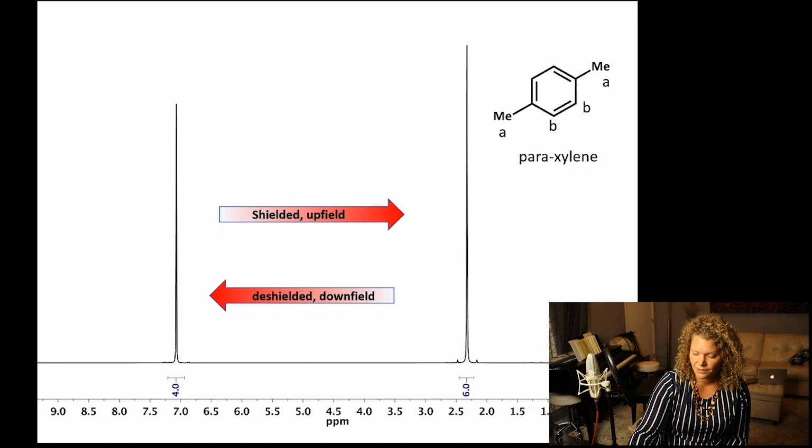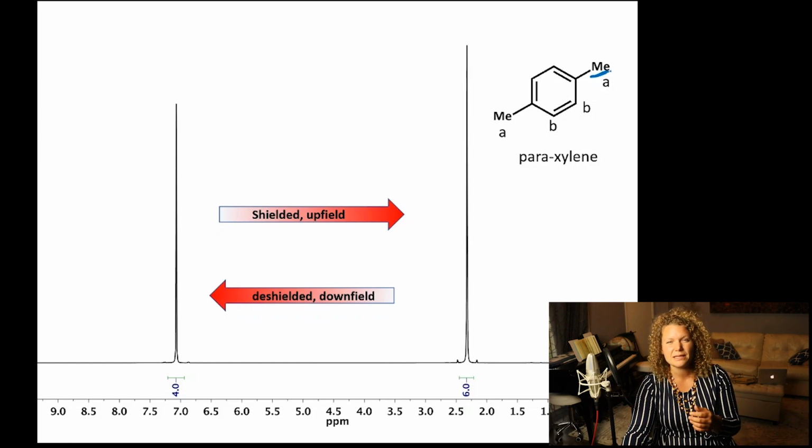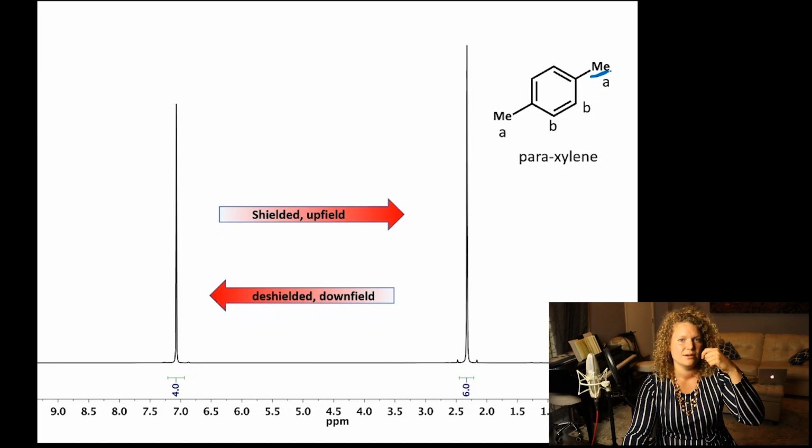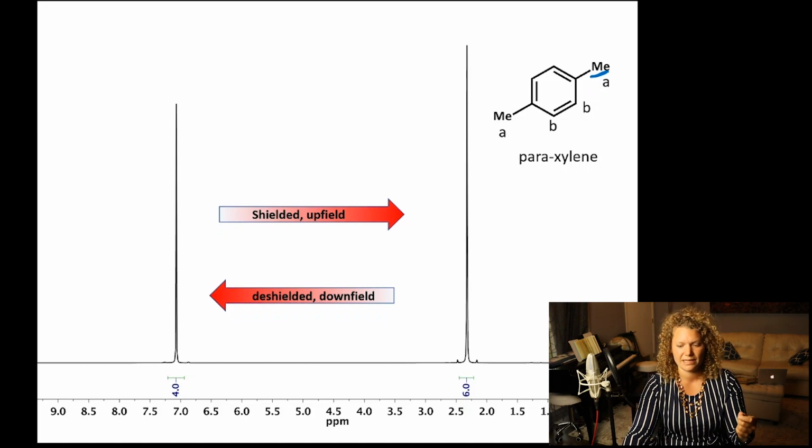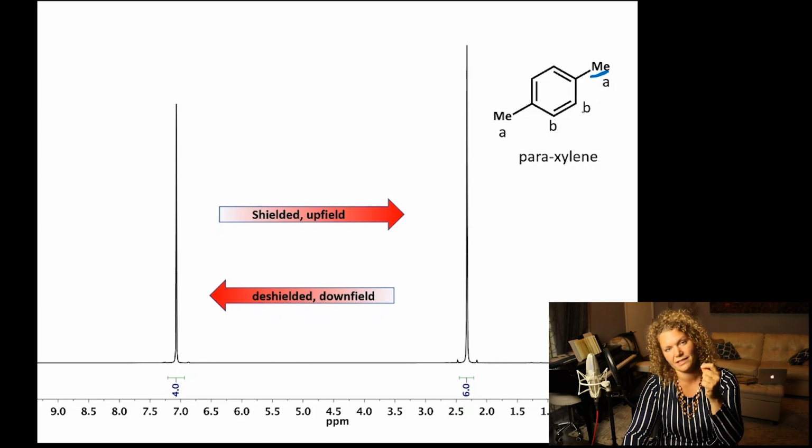The methyls here for paraxylene, will they be lower in ppm or higher in ppm than the CH bonds, the protons here, B, on the aromatic ring? That's what we're trying to figure out here.